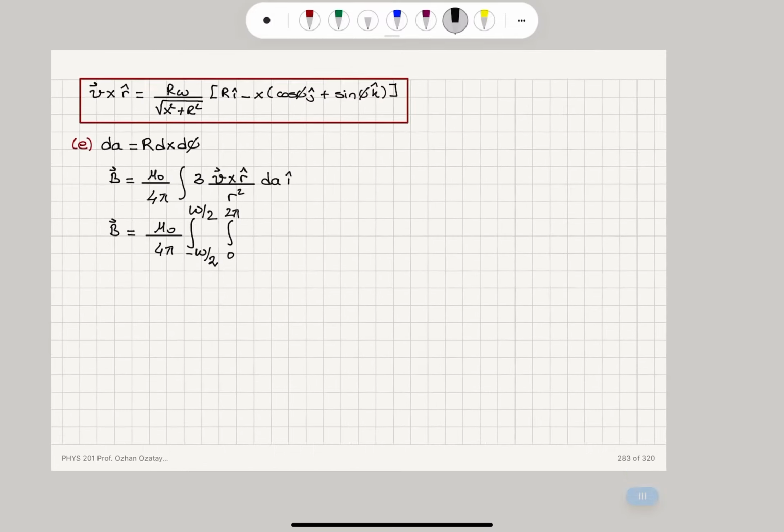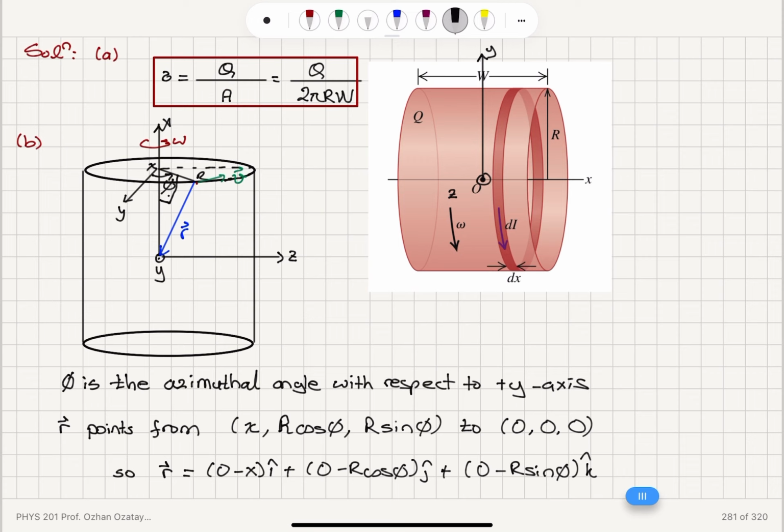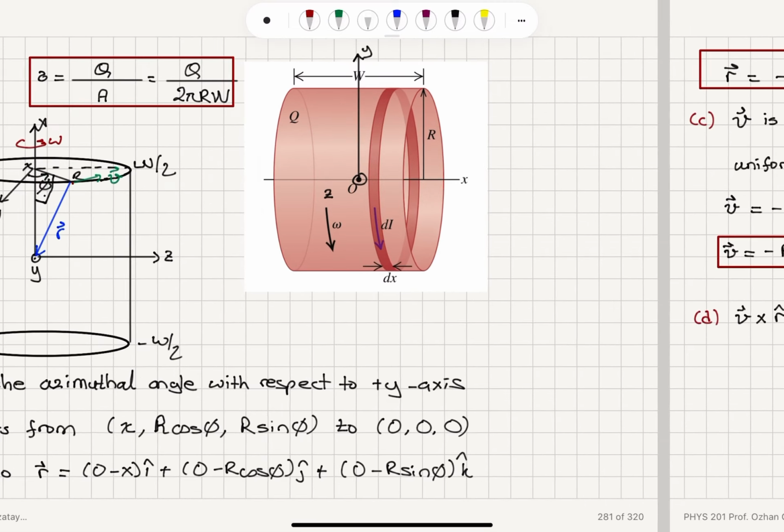So how do I find these limits? Well, this is the origin, so it's minus w over 2 to plus w over 2. Basically, that's where this point is and this point is. And if I vary the angle from 0 to 2 pi, then I will have accounted for all such area elements.